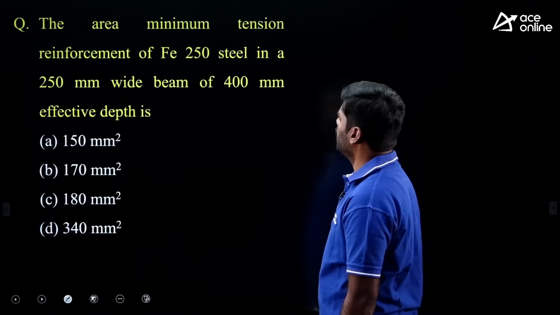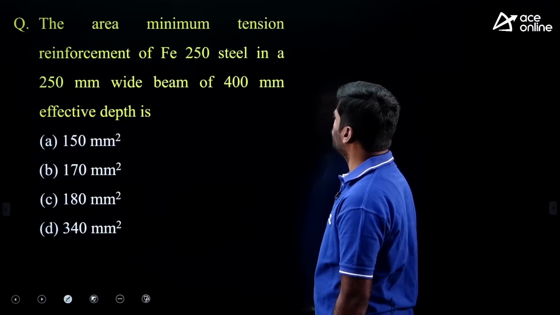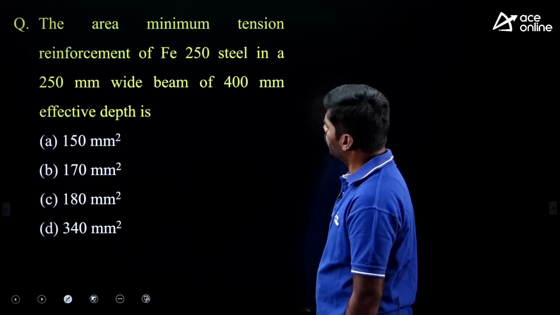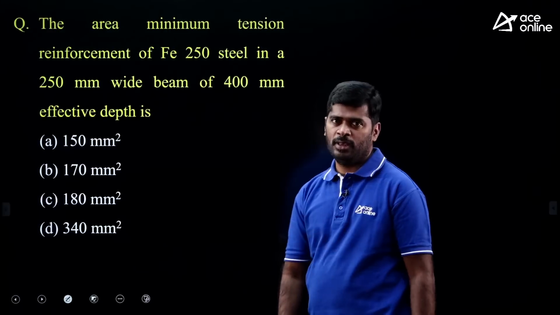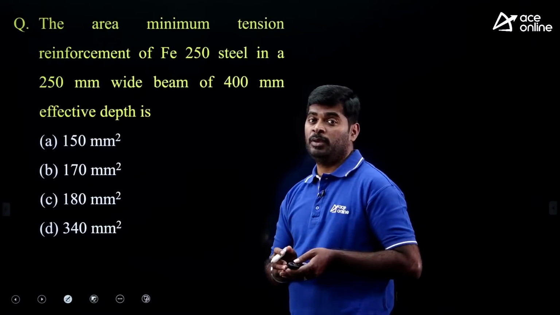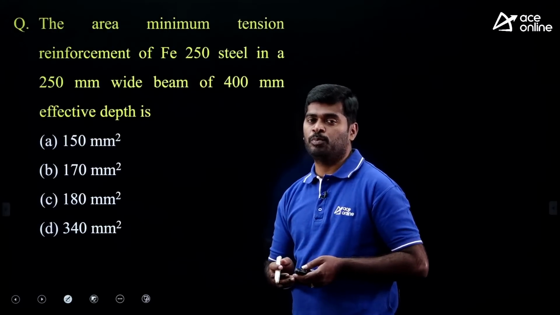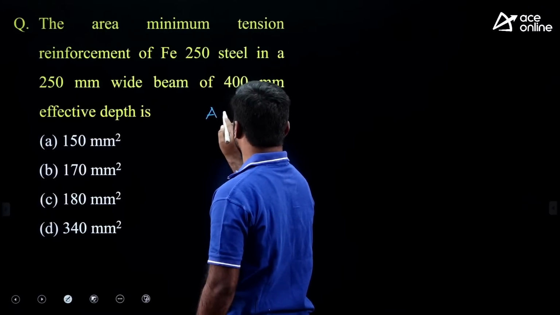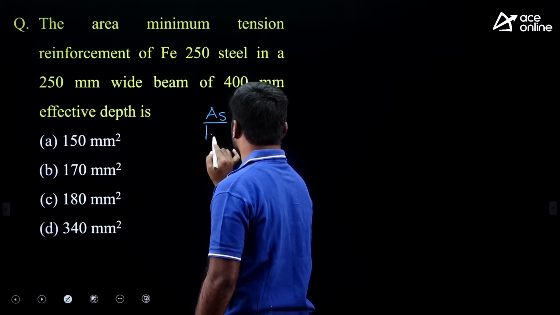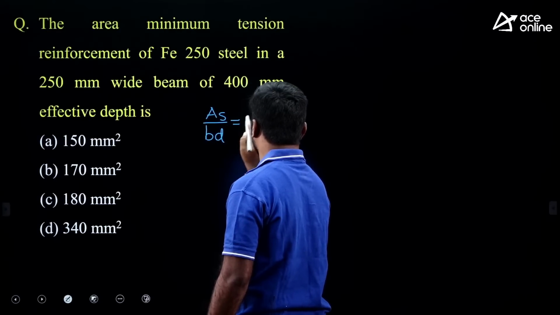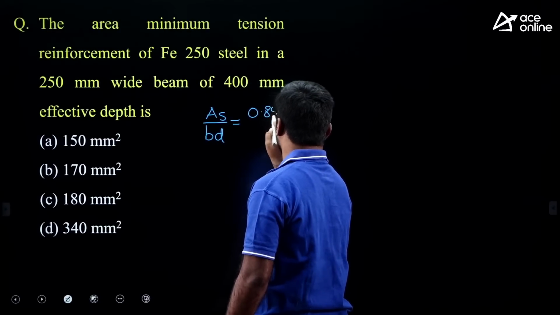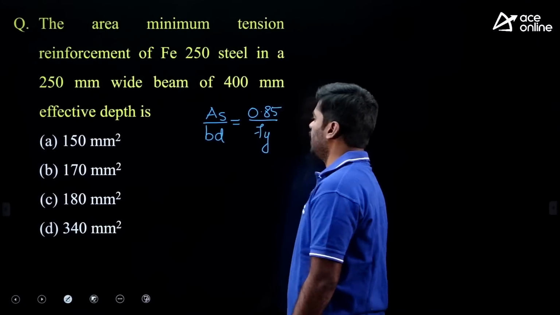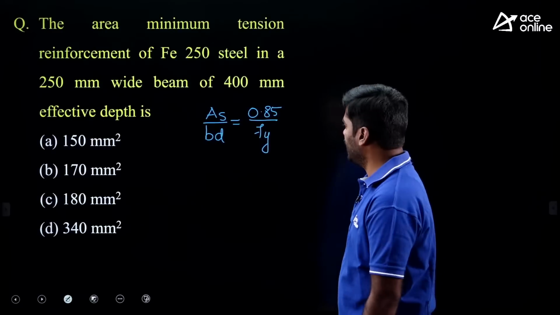The area of minimum tension reinforcement of Fe 250 steel in a 250 mm wide beam of 400 mm effective depth is. The question is, what will be the minimum area of tension steel provided in beams? It is determined from the formula recommended by IS code: As upon bd equals 0.85 upon fy.